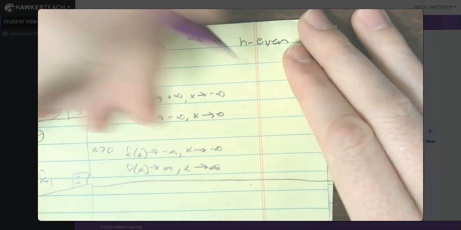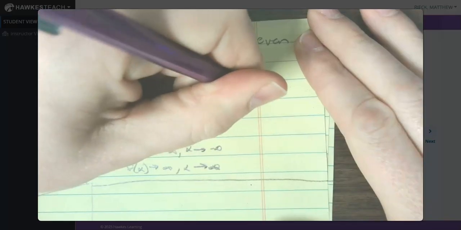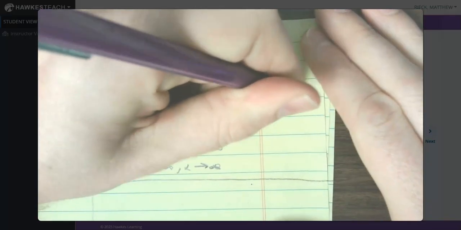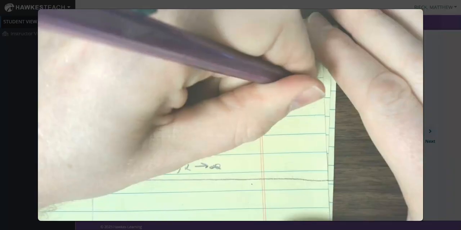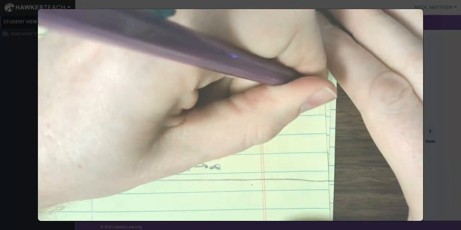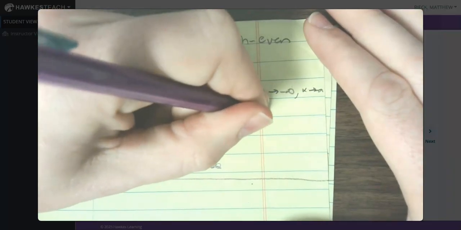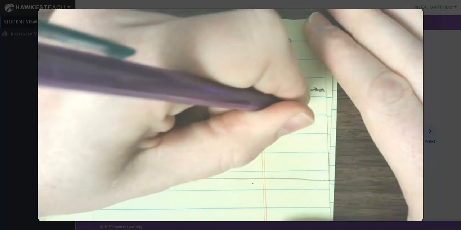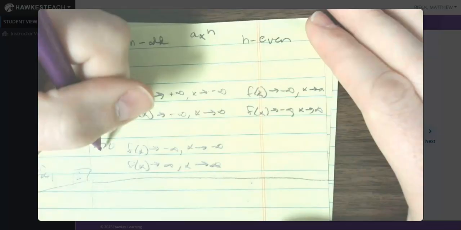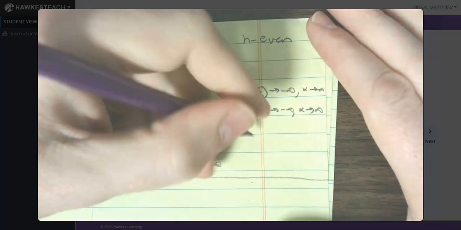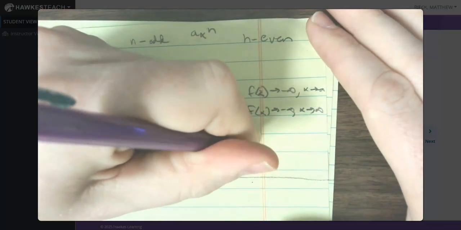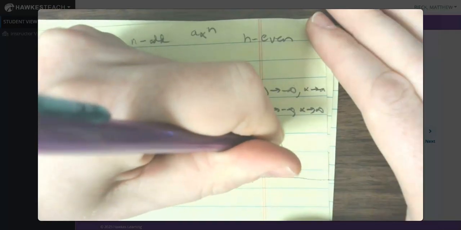All right, and then if your n is even and your a is less than 0, then your f of x is going to approach negative infinity from each direction. So x approaches negative infinity, and f of x is going to approach negative infinity as x approaches positive infinity. And then if your a is positive, so if your leading coefficient is positive, then f of x is going to approach positive infinity from both directions.